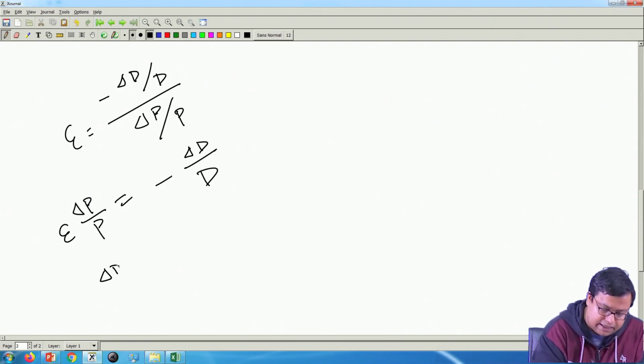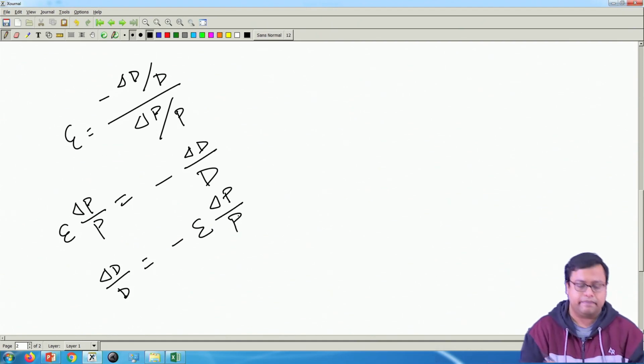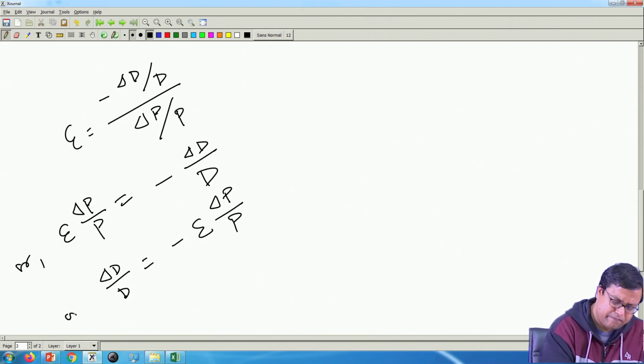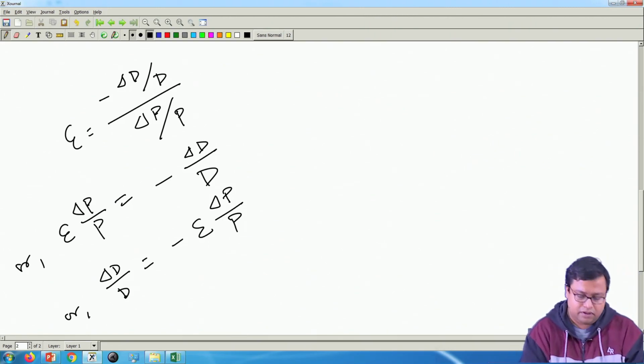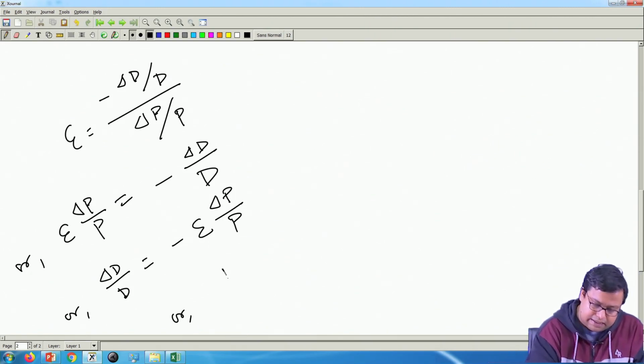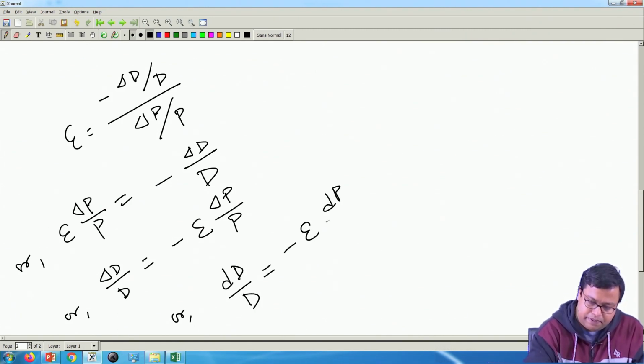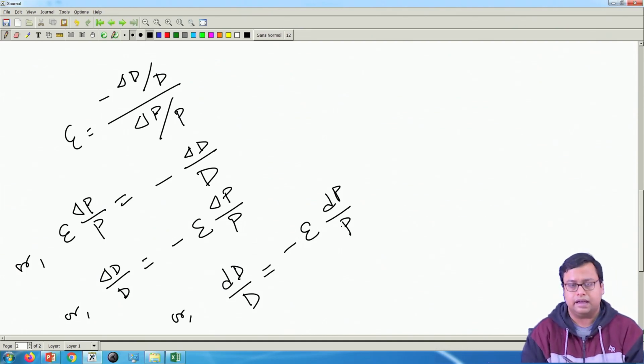Or can I write delta d by d is equal to minus E delta p by p? Fair enough. Now, can I then write that del d by d is equal to minus E del p by p? I can write this.